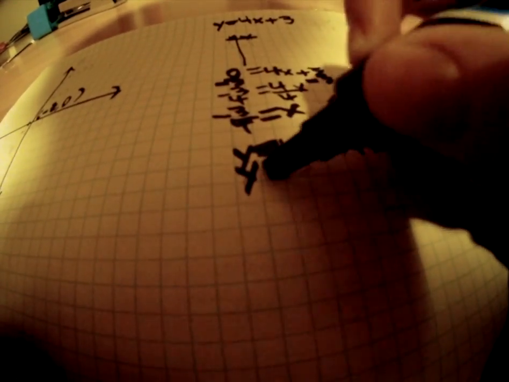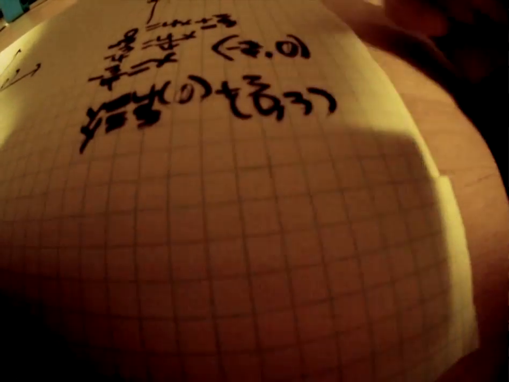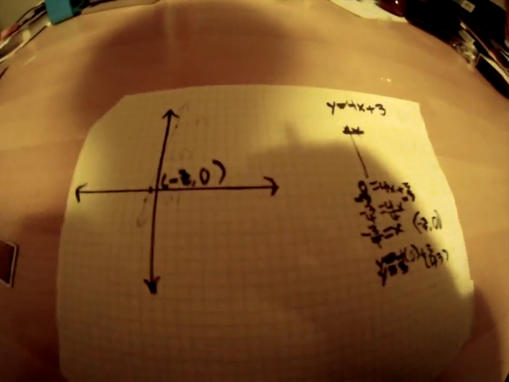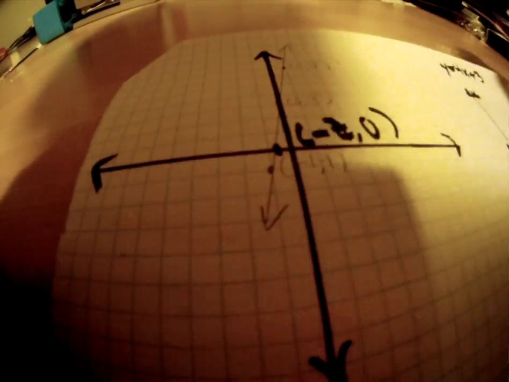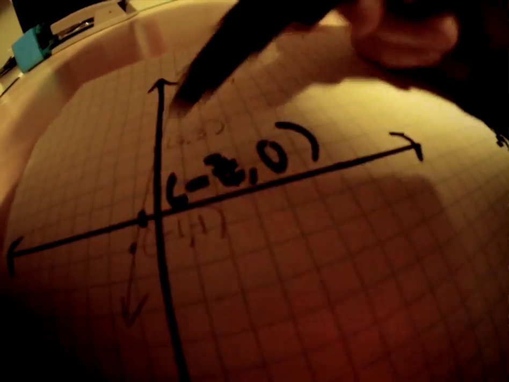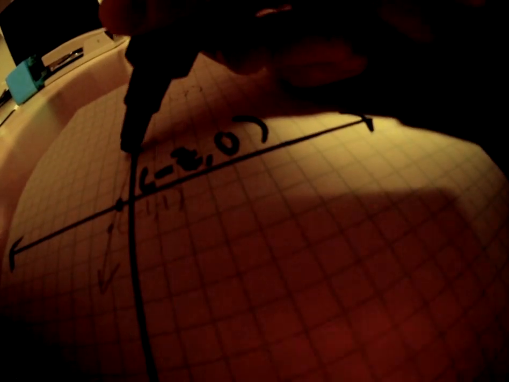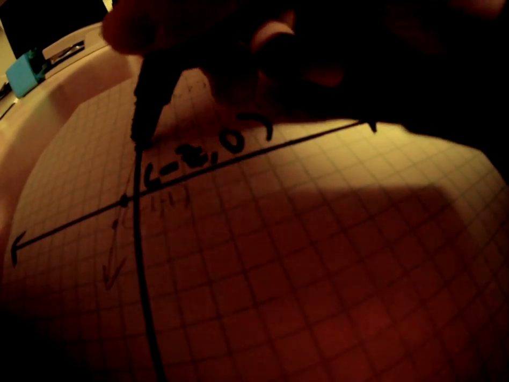So then our y value is 3. So that means our ordered pair would be 0, 3. And then that'd be on our number line, it'd be 0, 3. So that'd be 1, 2, 3 right there.